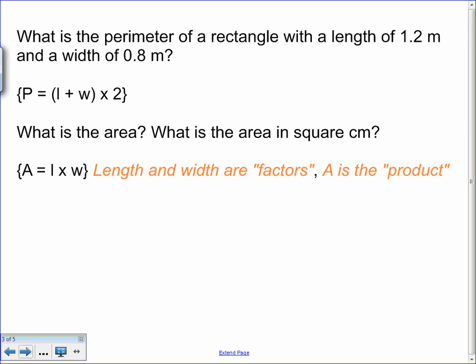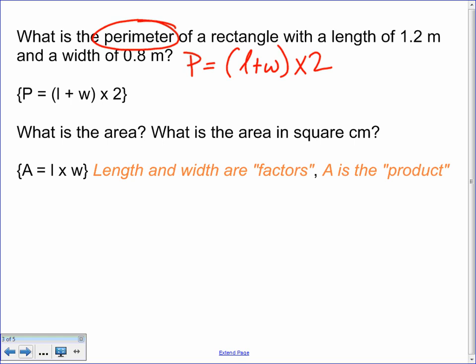So here's a practical application for you. What is the perimeter of a rectangle with a length of 1.2 meters and a width of 0.8 meters? Now remember, be very careful in this unit. We're going to go back and forth between perimeter and area quite often. Remember, perimeter equals length plus width, times 2.